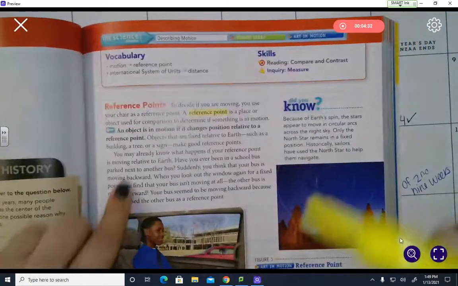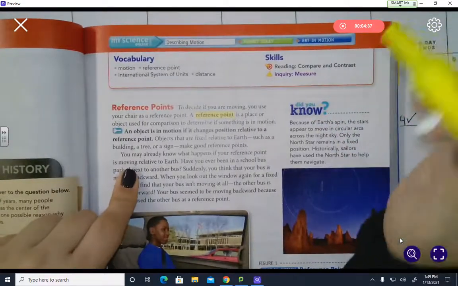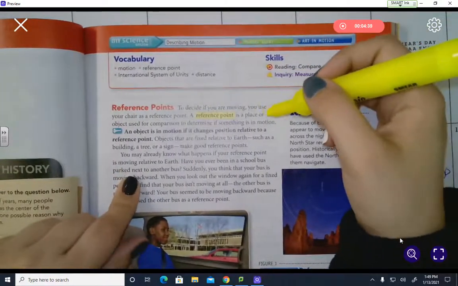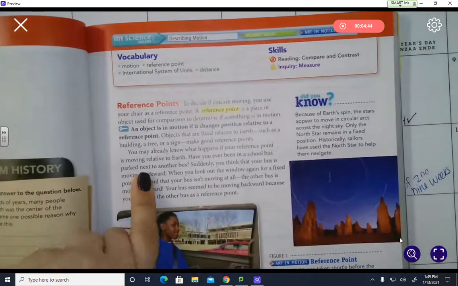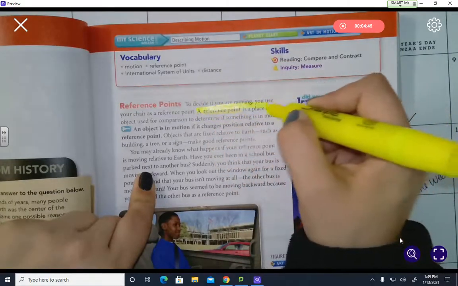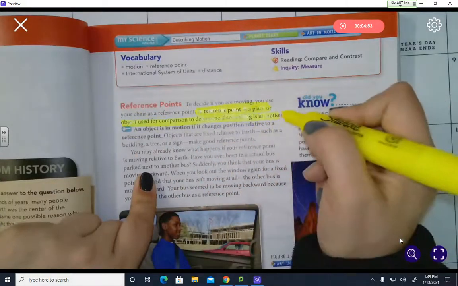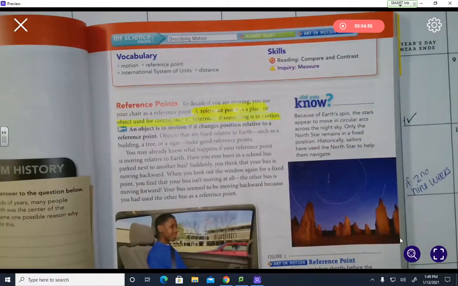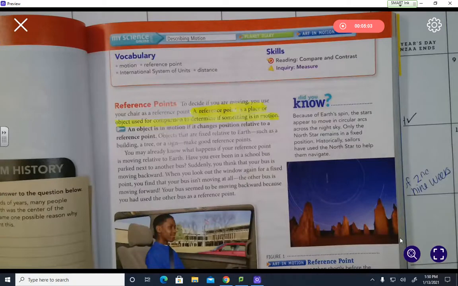Reference point. To decide if you are moving, use your chair as a reference point. A reference point is a place or object used for comparison to determine if something is in motion. Highlight that sentence. A reference point is a place or object used for comparison to determine if something is in motion. An object is in motion if it changes position relative to a reference point.